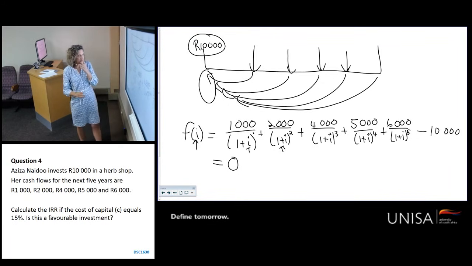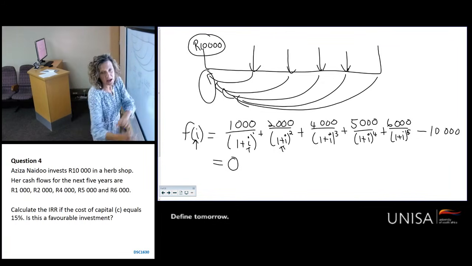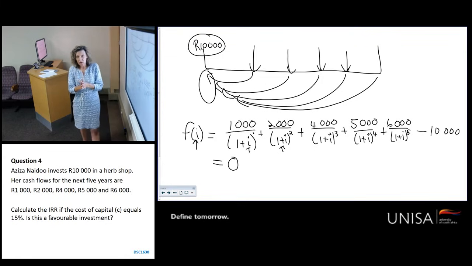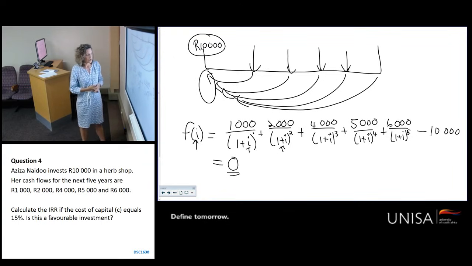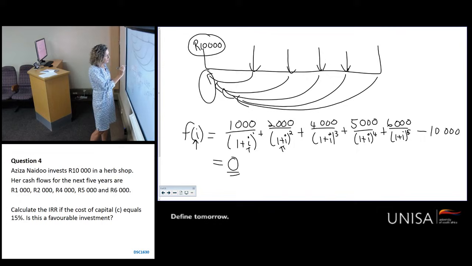That means then the inflows minus the outflows is equal to 0. The profit minus the cost is equal to 0. That we call break even. Can you remember from maths? Will give you an answer of 0. So we can almost say this is equal to 0. So we need to solve this whole thing for the I to get to the answer of 0.